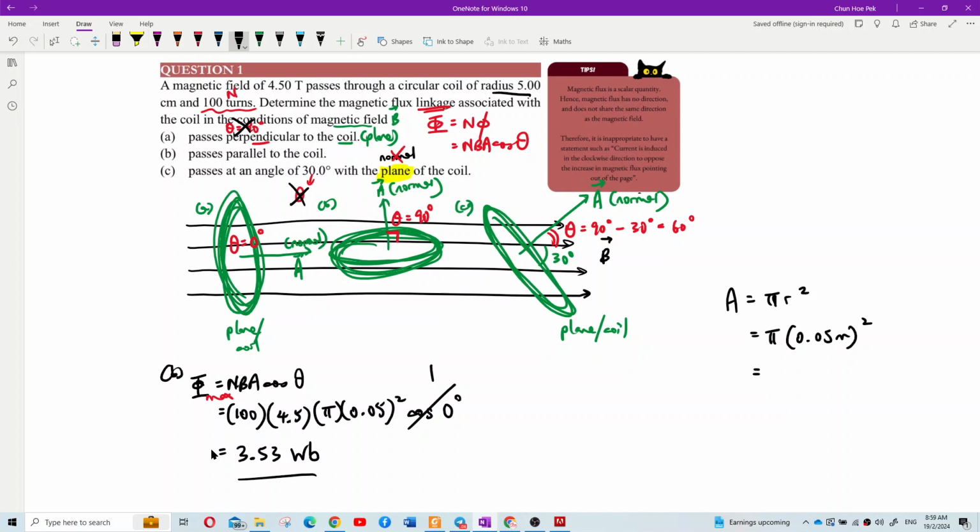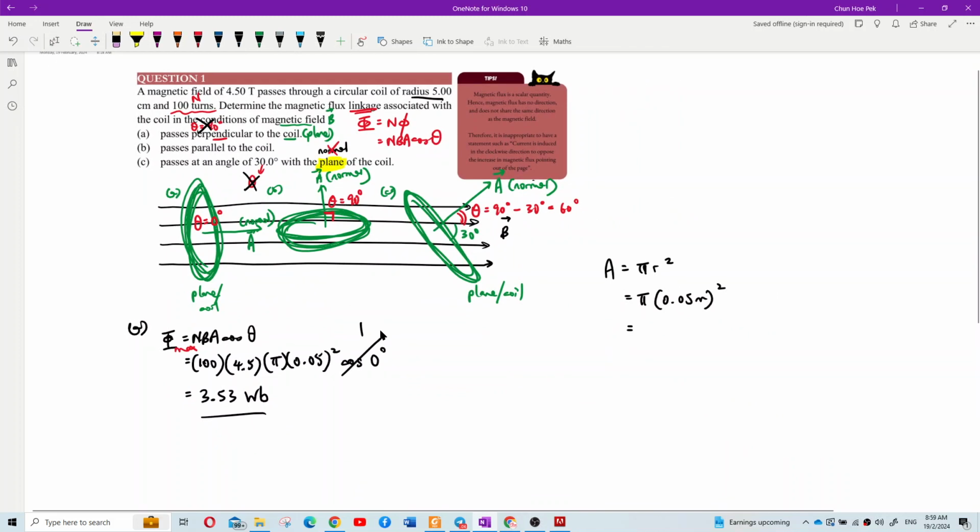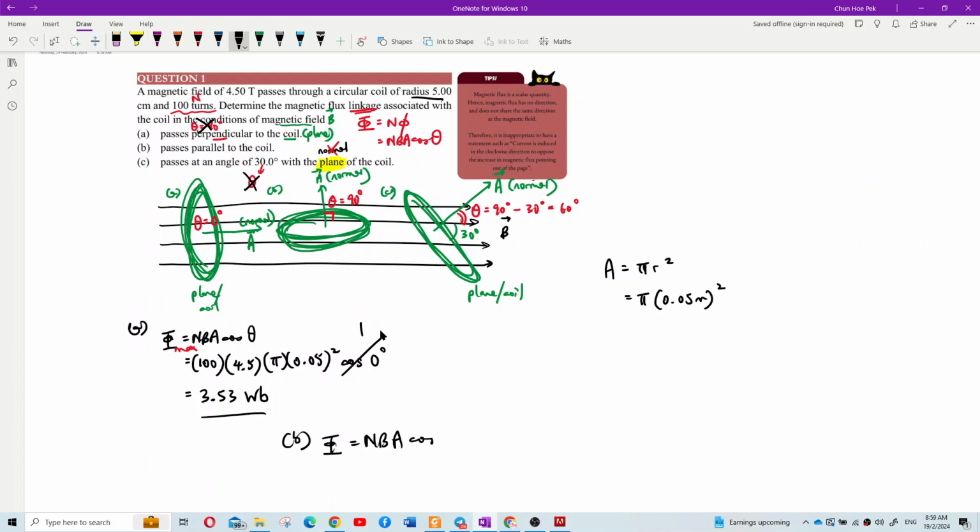So that is question A, the maximum. How about question B? Flux is equal to NBA cos 90 degrees. Cos 90 is equal to 0, isn't it, class? That's why I get 0 flux.